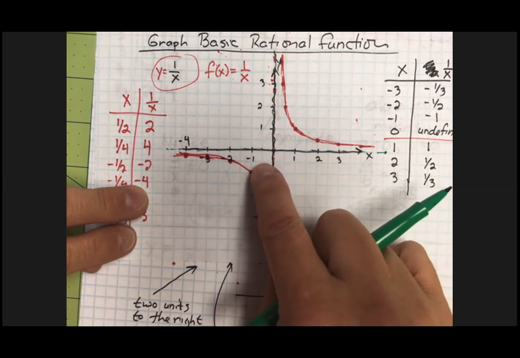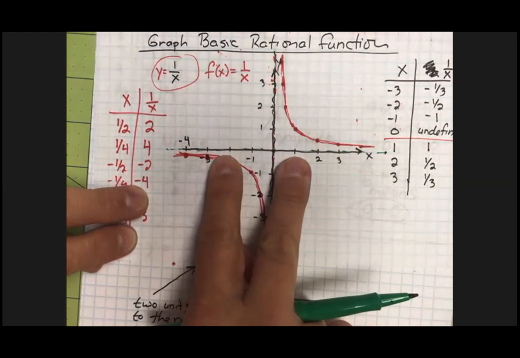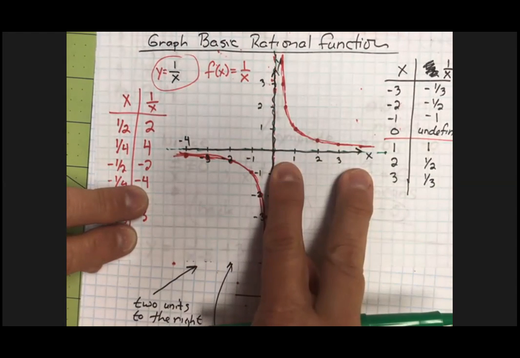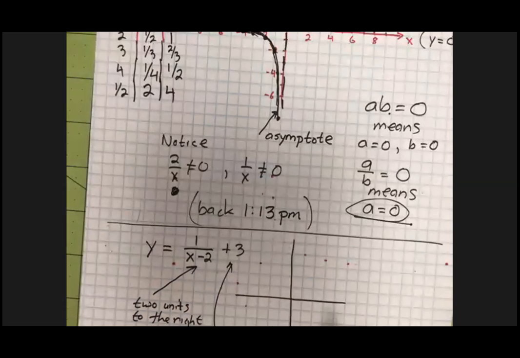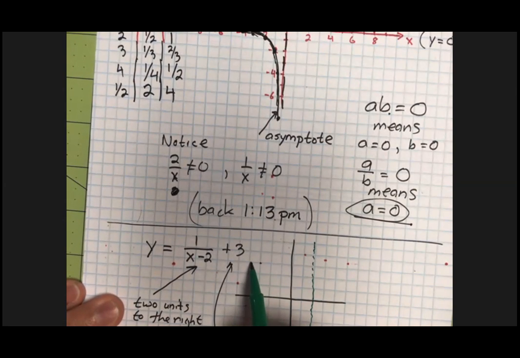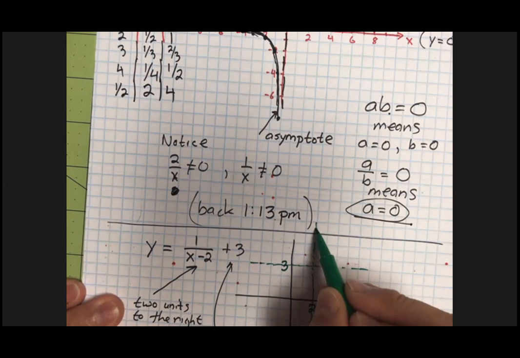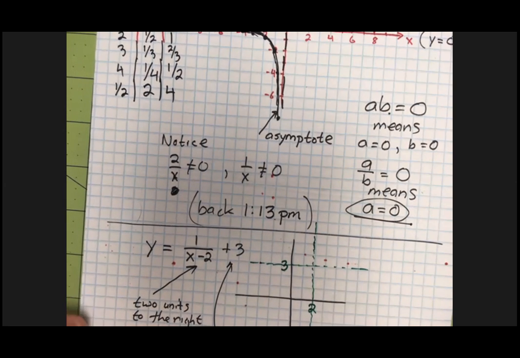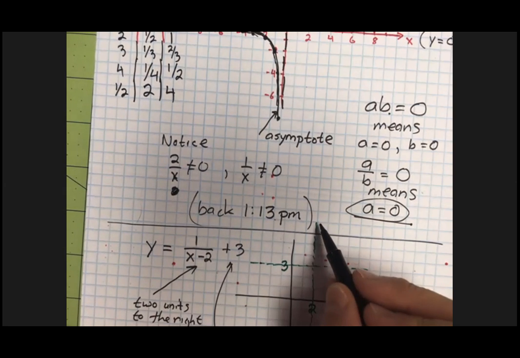So what if I moved this frame, the x and y axis, 2 units to the right and 3 units up? Then the skeleton would be here and here. Let's say that that's a 3 and that's a 2. But otherwise, the shape of the graph should stay the same.